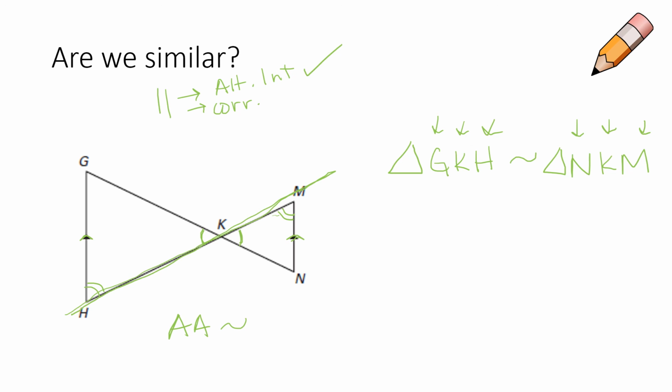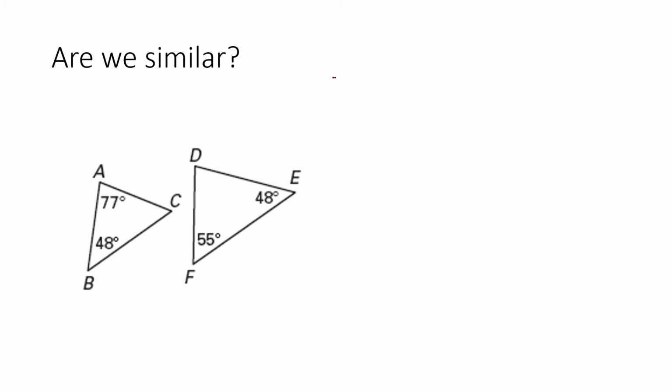So let's try another. In this next example, again, we're going to want to check to make sure that we have any information we can deduce. If you look at the angles that are given to us, it looks like angle B is going to be congruent to angle E. And then it looks like angle F is 55 and angle A is 77. So those two can't be congruent to each other because obviously they're different angle measures.